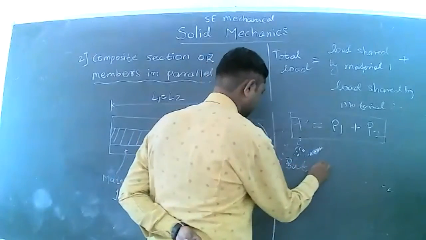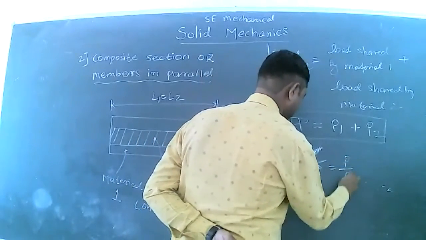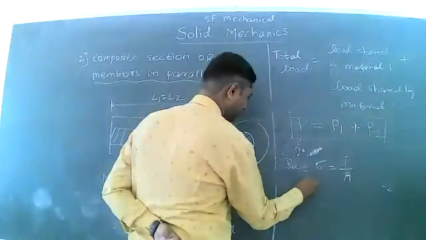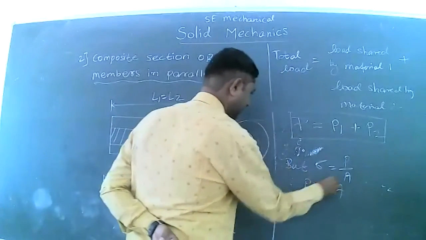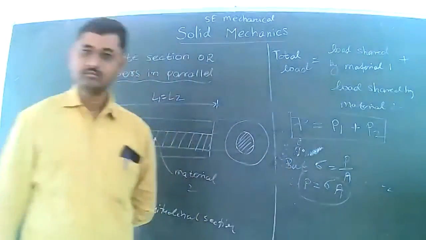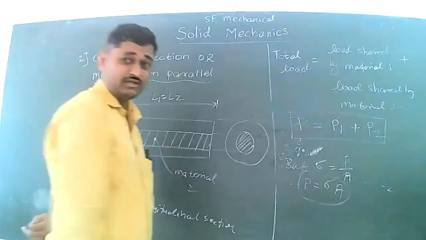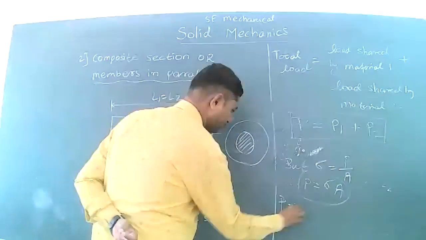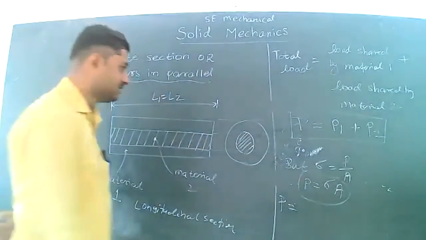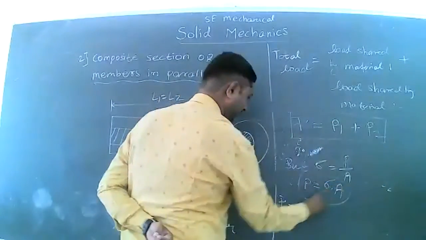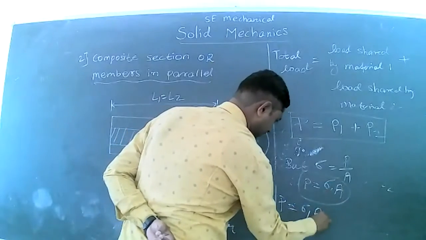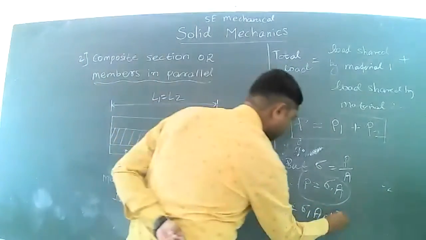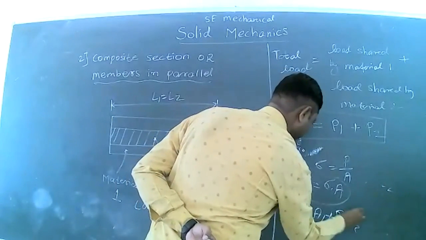Here total load is equal to P1 plus P2. But what is stress? Stress is P by A, which means P is equal to sigma into A. Considering two members, 1 and 2, total load P is equal to P1 plus P2, that is sigma 1 A1 plus sigma 2 A2.